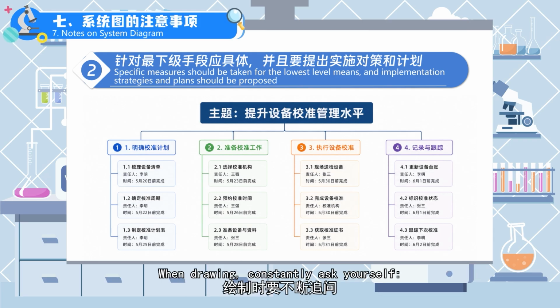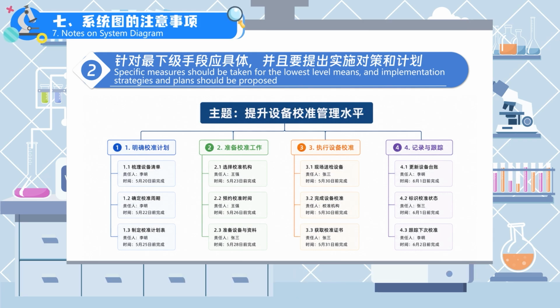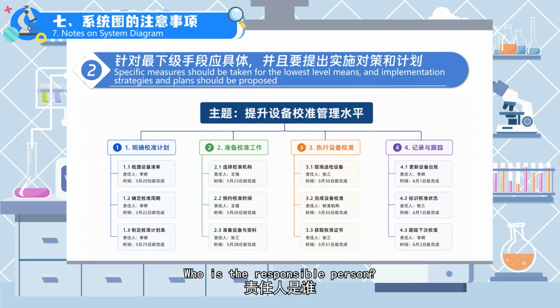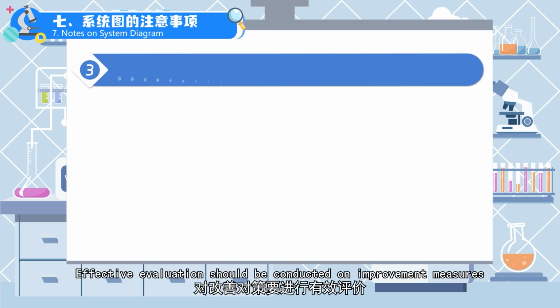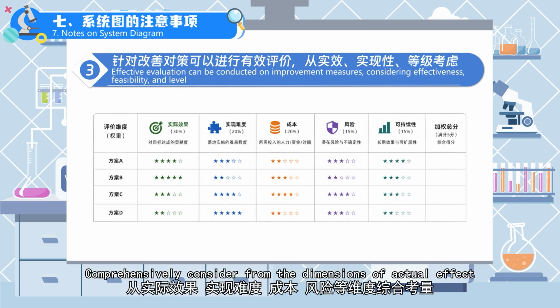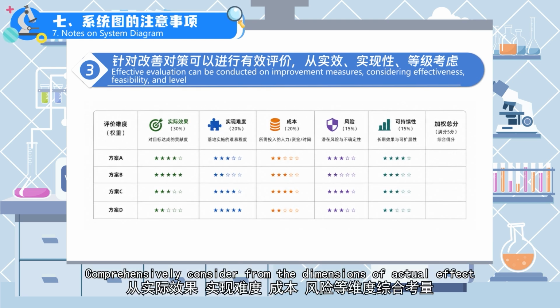When drawing, constantly ask yourself, can this measure be directly implemented? Who is the responsible person? Is there a specific timeline? If not, continue to decompose. Third, effective evaluation should be conducted on improvement measures. Comprehensively consider from the dimensions of actual effect, implementation difficulty, cost, and risk.